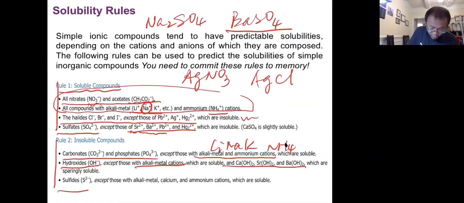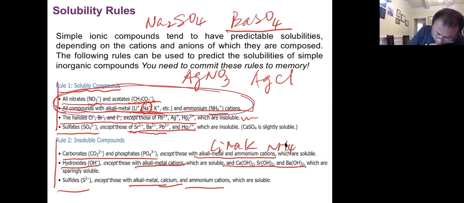Number 3, sulfides are not soluble, except with alkali metals, lithium, potassium, sodium, ammonium, and calcium. These are exceptions for sulfides. Otherwise, sulfides are not soluble. So you can see that most exceptions for rule number 2 are actually here. Why?